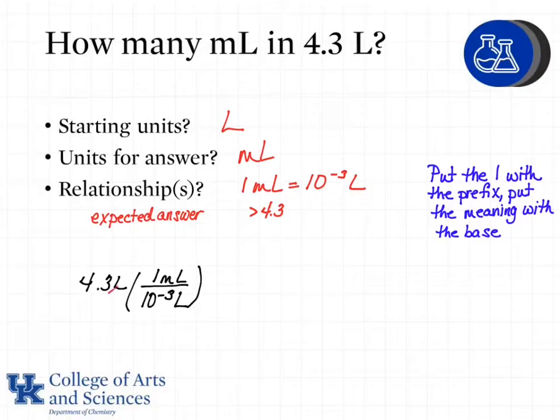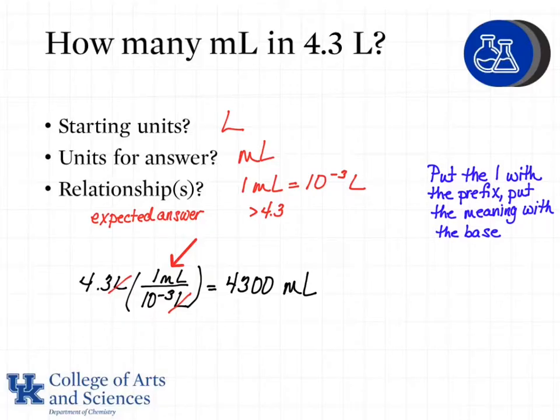Now I can cancel out units of liters because one is in the numerator and the other is in the denominator. And I see that I have milliliters left, which is what I want for my answer. Now I can do the math and find that I have 4,300 milliliters.